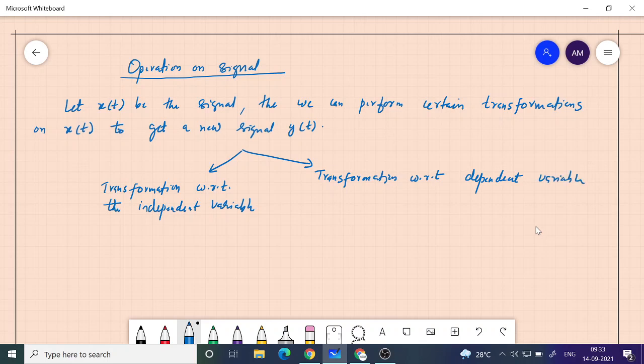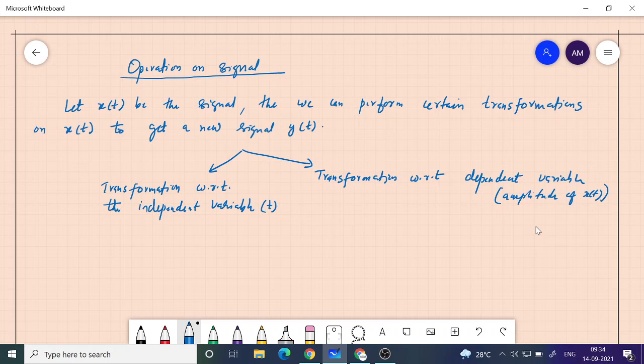Okay, so we know that for x of t, t is the independent variable. So by independent variable I am referring to t, and by dependent variable I am referring to the value which x of t will take, which is the amplitude of x of t.